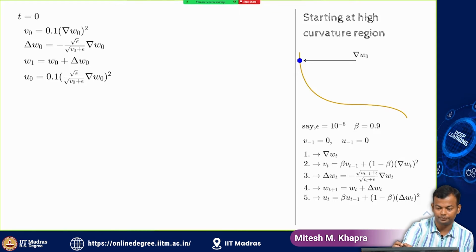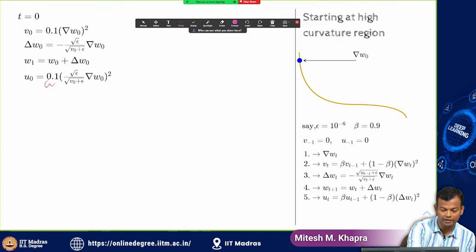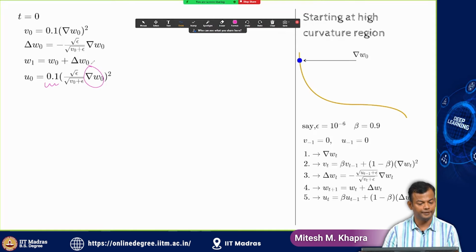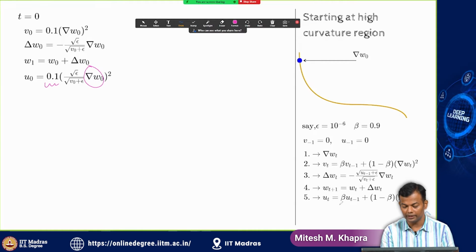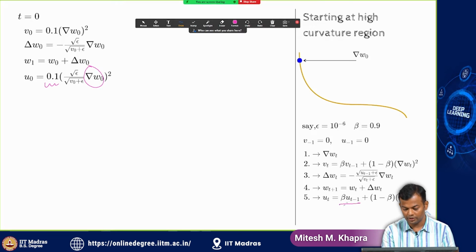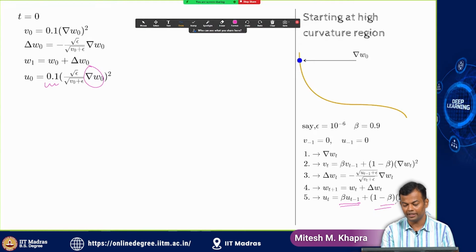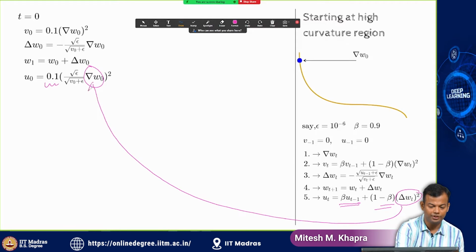That this U0 is just taking a fraction of the derivative that you had, right? And now, U0 was actually beta times the old history, which is 0 in this case, and 1 minus beta times the current update that we have made. But the current update, which is delta, is in turn a function of this nabla.